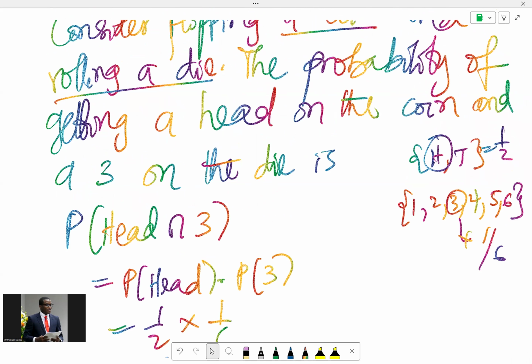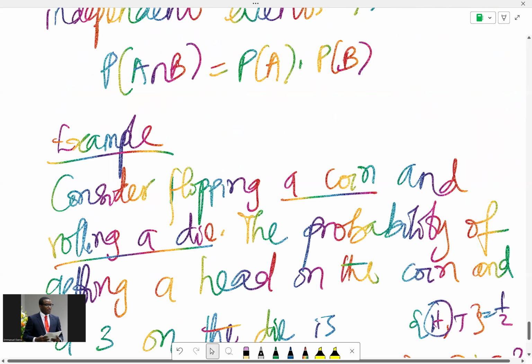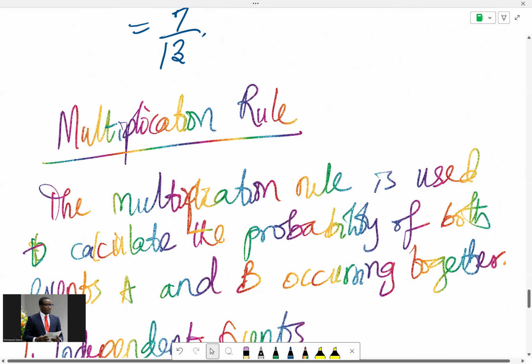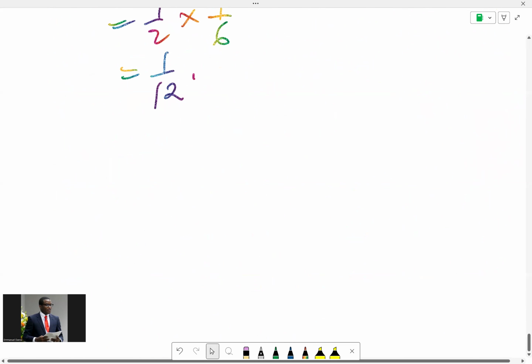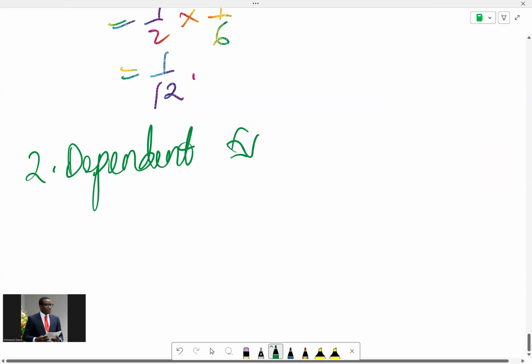So now let's talk about dependent events, under the multiplication rule.